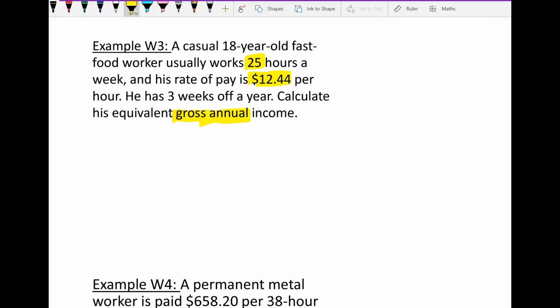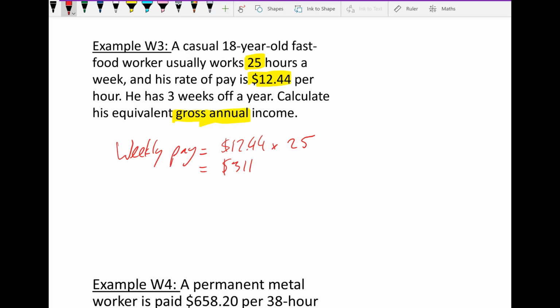This is how much he gets per hour. Okay, well we can work out how much he gets for the week. That's easy. Okay, so weekly pay is going to be the $12.44 times 25. Okay, it's going to get us $311 for the week.